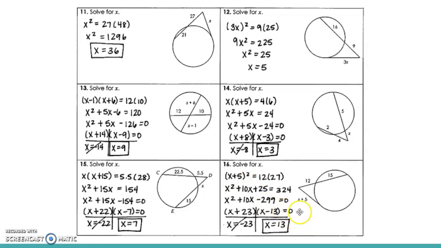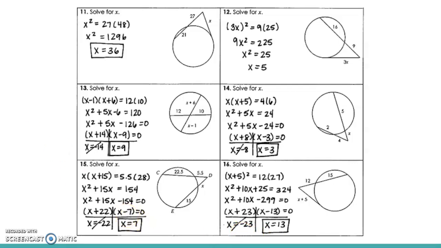So when I FOIL that out, I get x squared plus 10x plus 25. We need to make one side equal to 0, and once that happens, we can factor the left, setting each piece equal to 0 and solving. We find that x equals 13 since we cannot have a negative length.